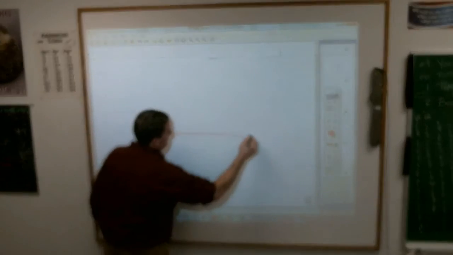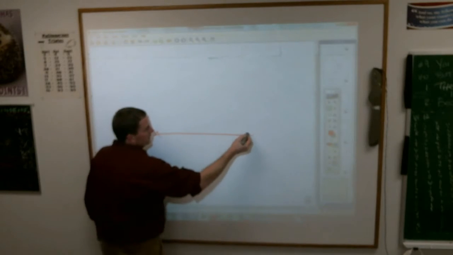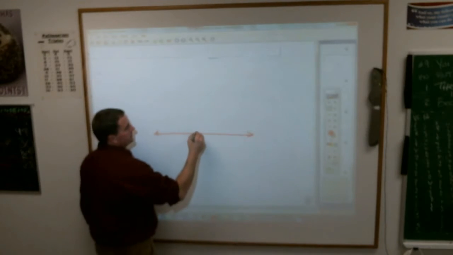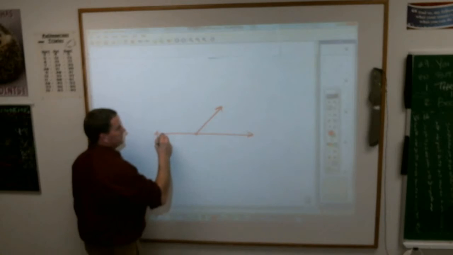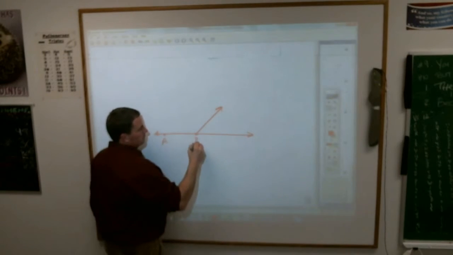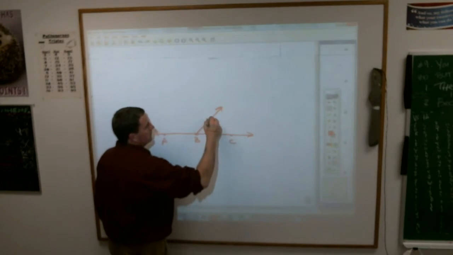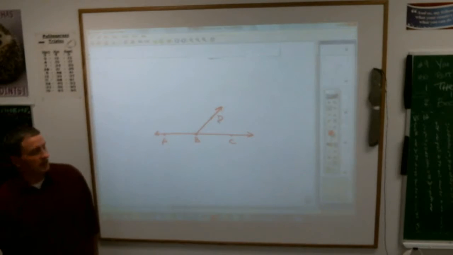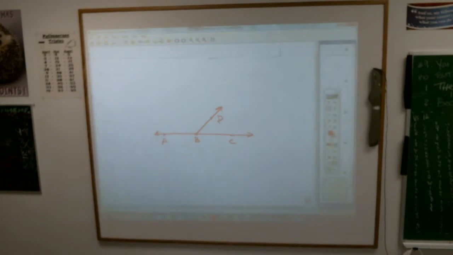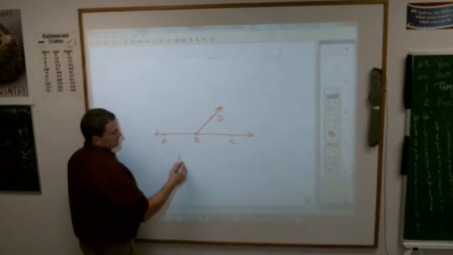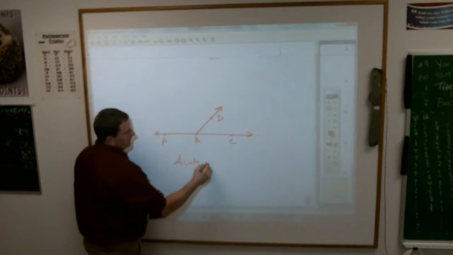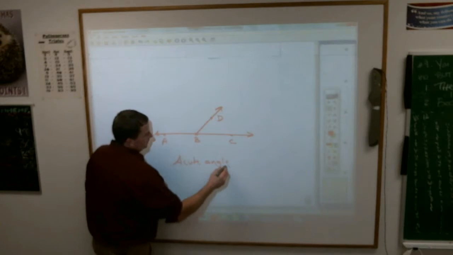So here's kind of the deal. Let's say you've got these points on the line, and this is A, B, C, and D. If I asked you to name an acute angle, what would you tell me?